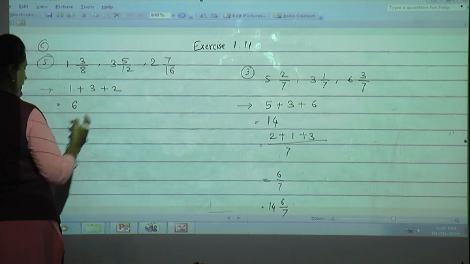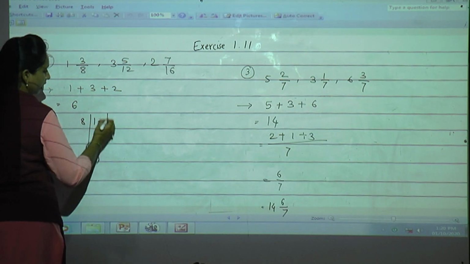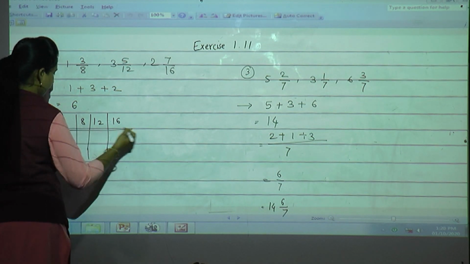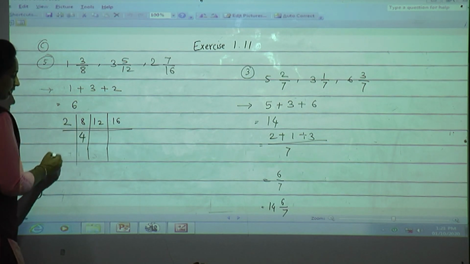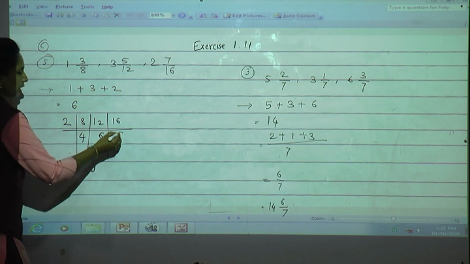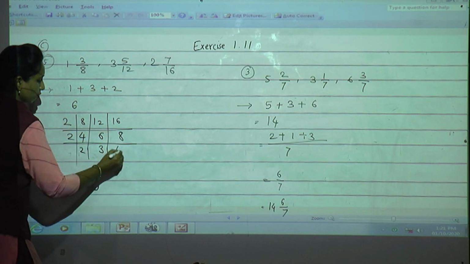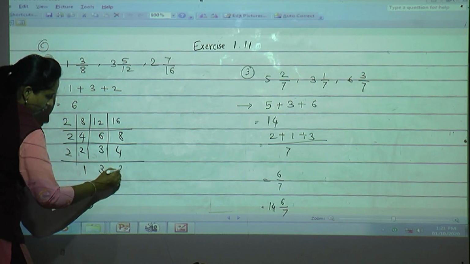Now here what are the denominators? 8, 12 and 16. Now we need to find out LCM of 3 numbers. All numbers are even numbers. I'll start with 2. 2 4s are 8, 2 6s are 12, 2 8s are 16. 2 2s are 4, 2 3s are 6, 2 4s are 8. 2 1s are 2, 3 as it is, 2 2s are 4.